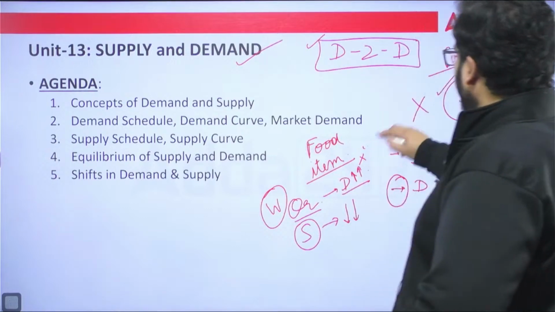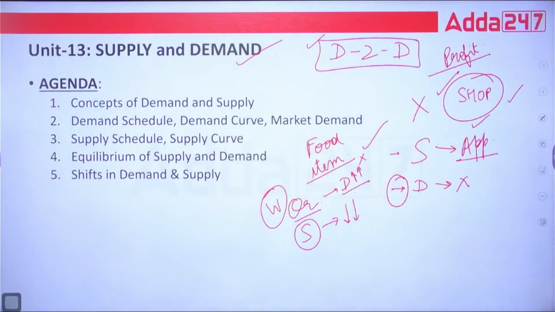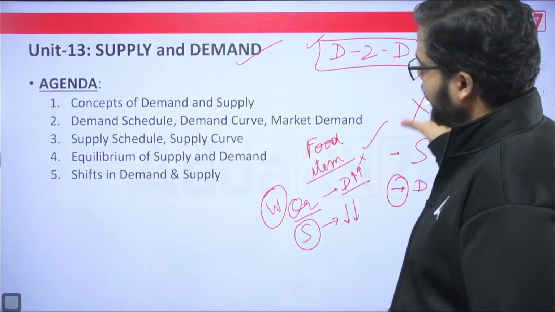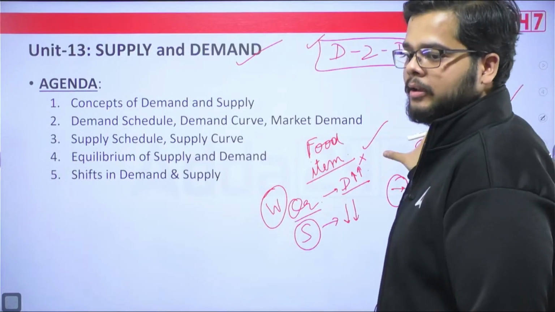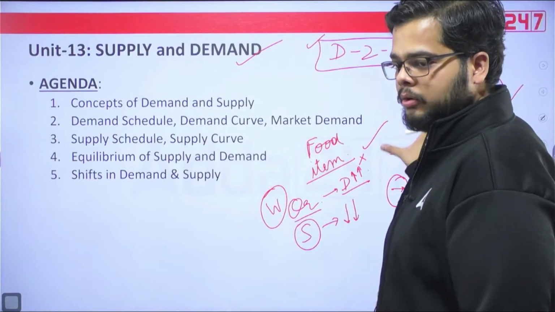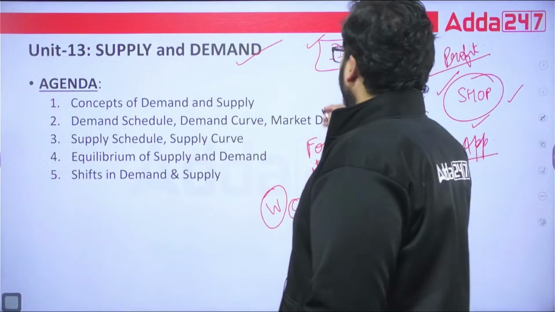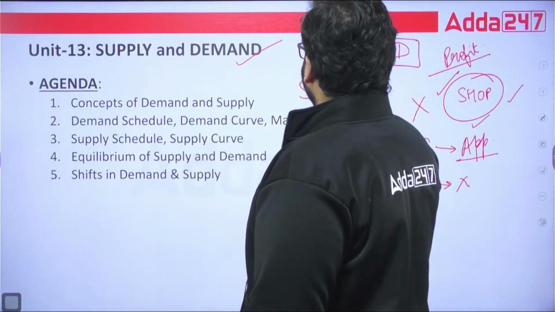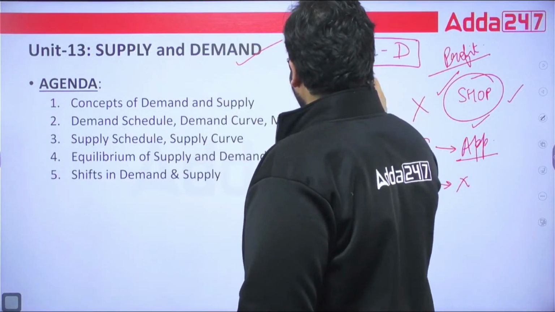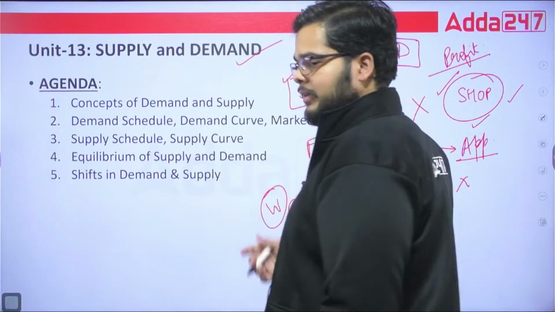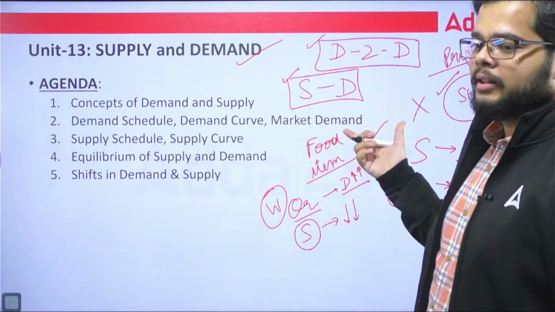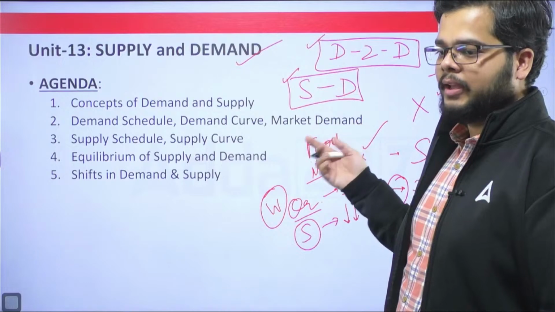So in both the examples, the shopkeeper is not doing good business, and that is why it is very important for the shopkeeper to know whether supply and demand are in match or not. If they match, definitely the business activities will flourish.